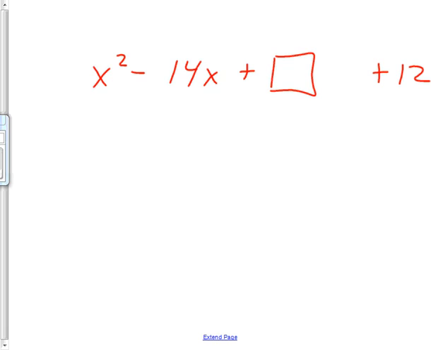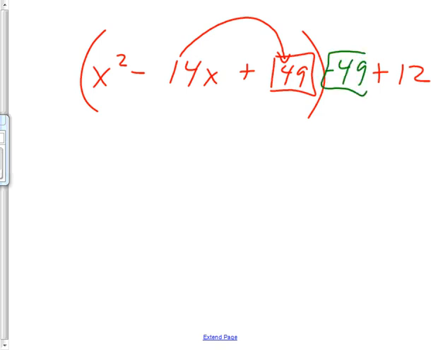Well, that's what you do. You make up the number that you want to go here. And half and square tells you to put in what? 49. And then, since I added 49, I've got to compensate for that by subtracting 49. That cancels it out, because if you add 49, subtract 49, it's like nothing ever happened.